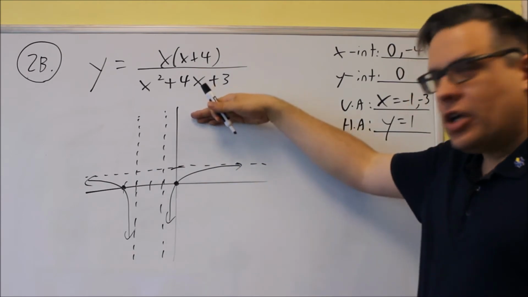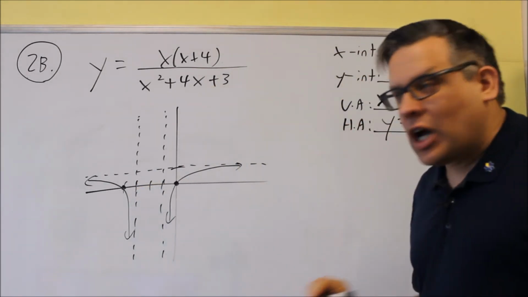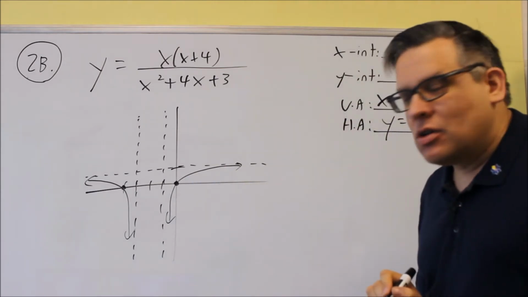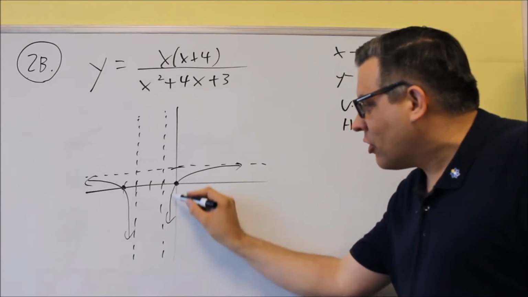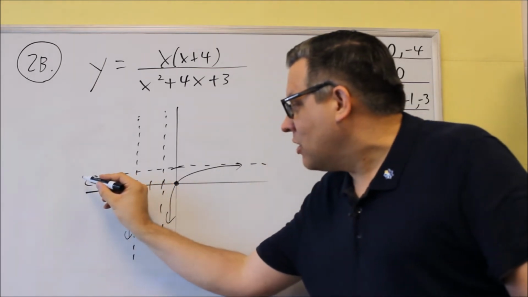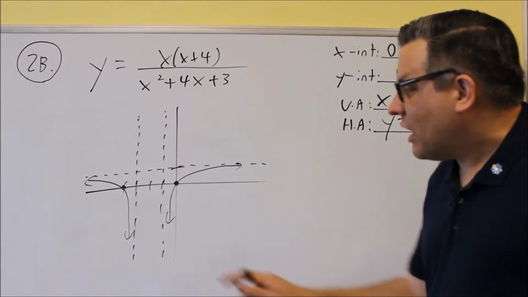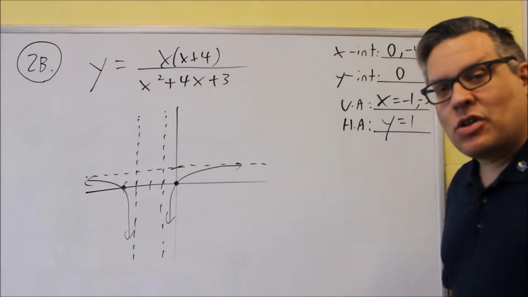The graph couldn't be above here because these points tell us the graph has to be down in these regions. So the only way that would work is following the vertical, crossing through there, and then following the horizontal. Same thing on this end. It's going to cross at negative 4 and come down that way. So that's how I know the graph has to be there.